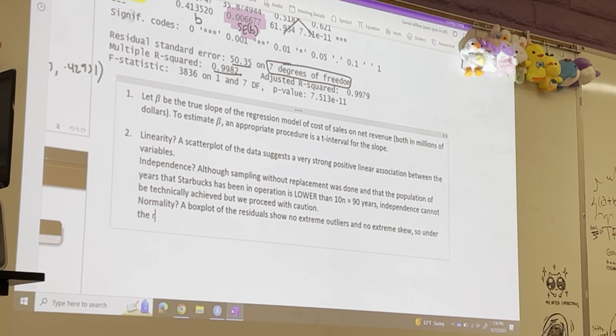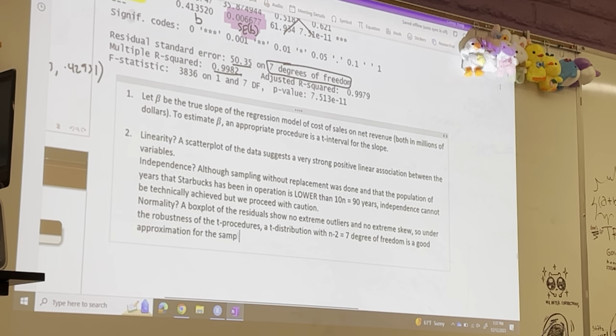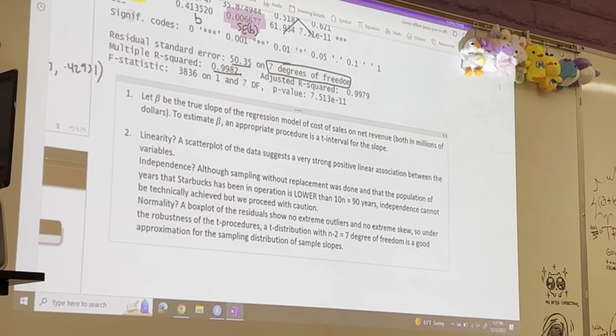So under the robustness of the t procedures, a t distribution with 7 degrees of freedom, and here, n minus 2, which is equal to 7 degrees of freedom, is a good approximation for the sampling distribution of sample slopes. Okay? So that's our normality. I checked the residual plot. Again, because we don't have extreme skew or extreme outliers, I think that the normality assumption can be cleared because of the t distribution and its robustness to those strict normality assumptions.